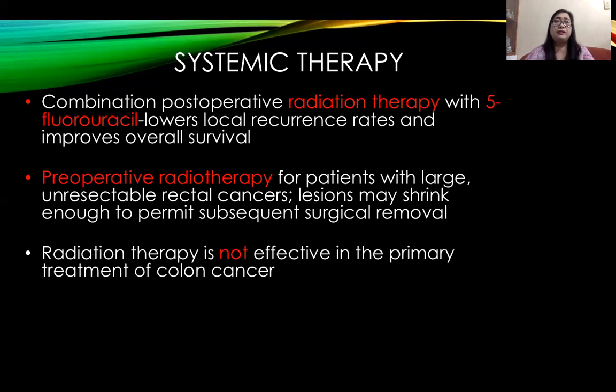There are patients being given a combination of post-op radiation therapy with 5-FU, and pre-op radiotherapy for patients with large unresectable rectal cancer, the purpose of which is to shrink the lesion a little bit, enough to permit subsequent surgical removal. So the optimum requirement is still surgery at the end.